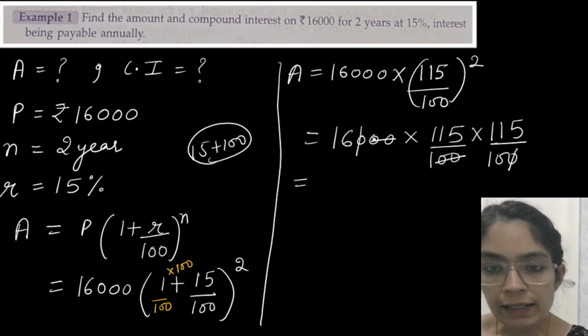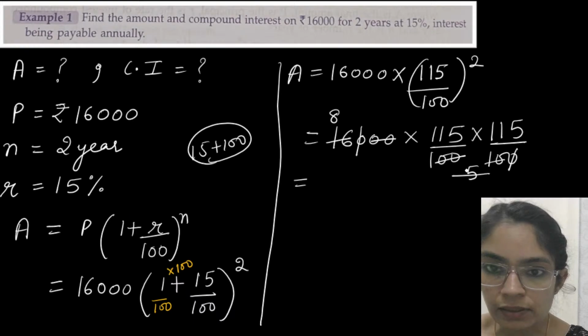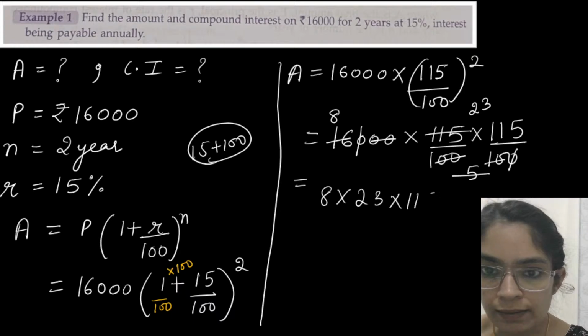I can do cancellation also on 2's table. 2 into 8 is 16. 2 into 5 is 10. Now here also we can do cancellation. 5 into 2 is 10. 5 into 3 is 15. So I am getting 8 into 23 into 115.